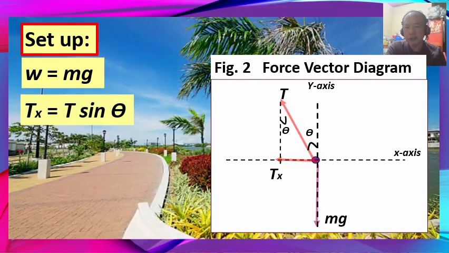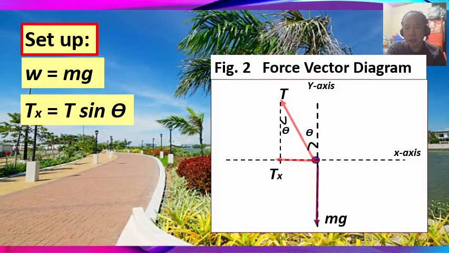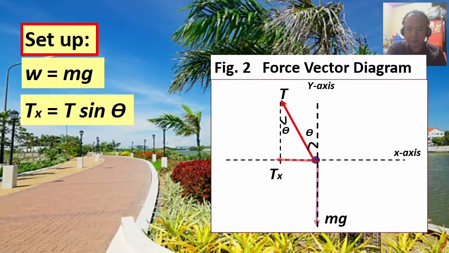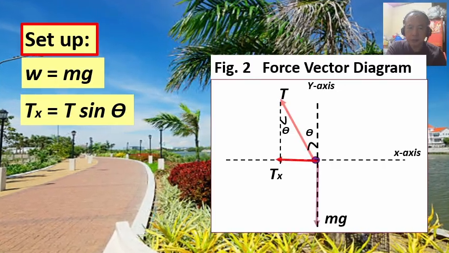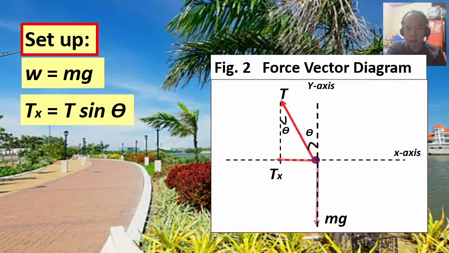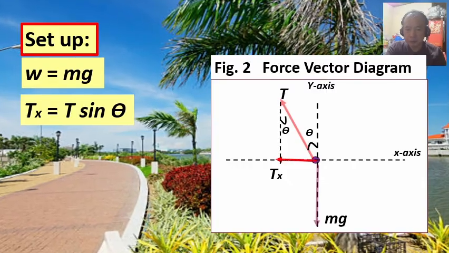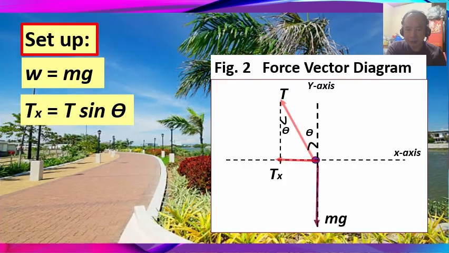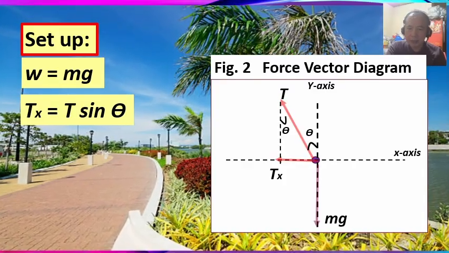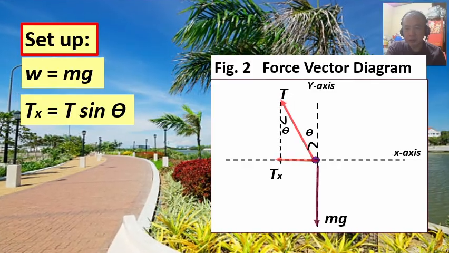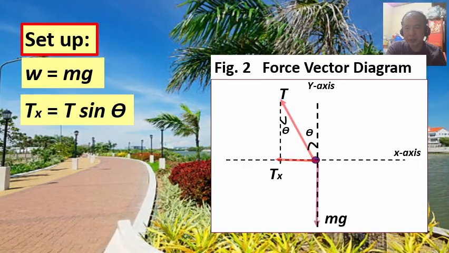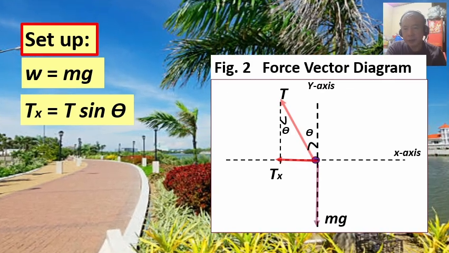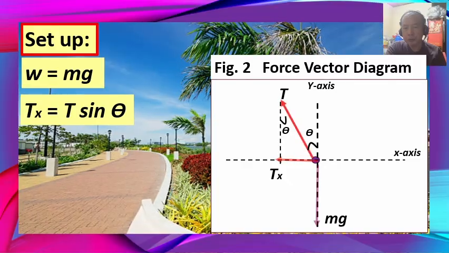So the horizontal component of the tension capital T, labeled here as T sub x, by definition of the sine function, which is in an imaginary right triangle, sine of the angle theta is equal to the opposite side of the imaginary right triangle divided by the hypotenuse, right?